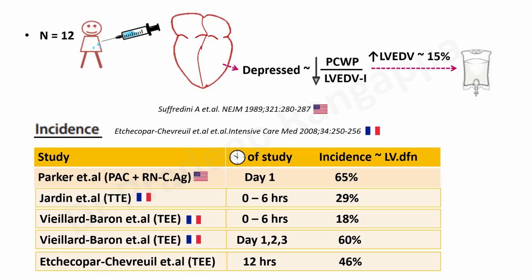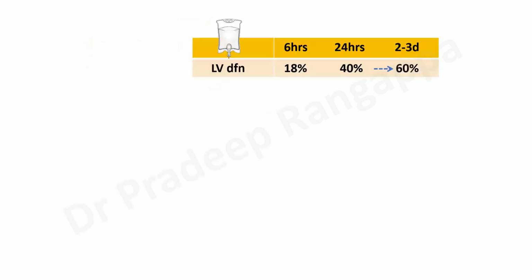So if it happens very early on, the range of 18 to 65% is what you can remember. It was also shown that the timeline of septic cardiomyopathy is very dynamic in nature. It is not like it happens on day 1 and remains the same. As you see, at 6 hours, 18% of them had LV dysfunction.